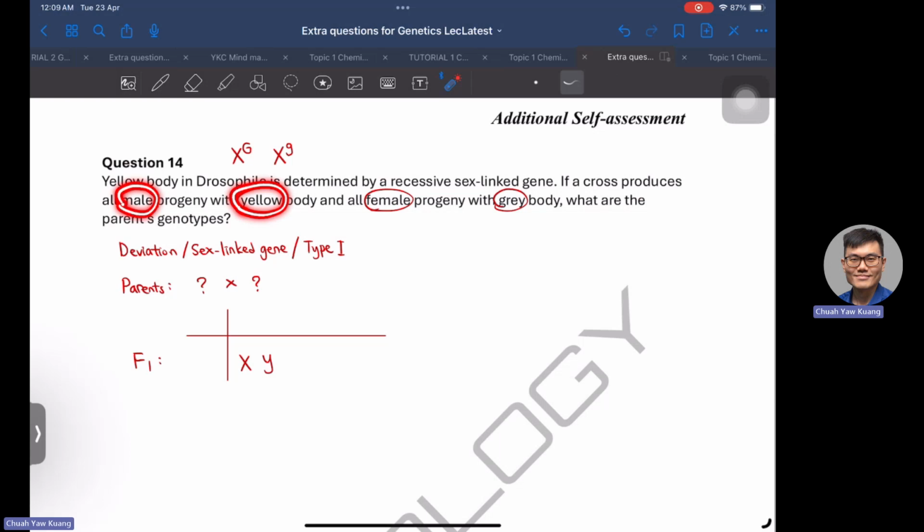All the males are X, Y and they are all yellow. Male yellow means they contain one X with the recessive gene, so that's X small g.